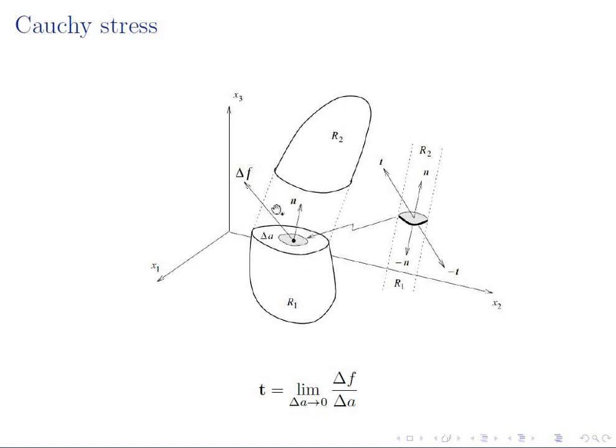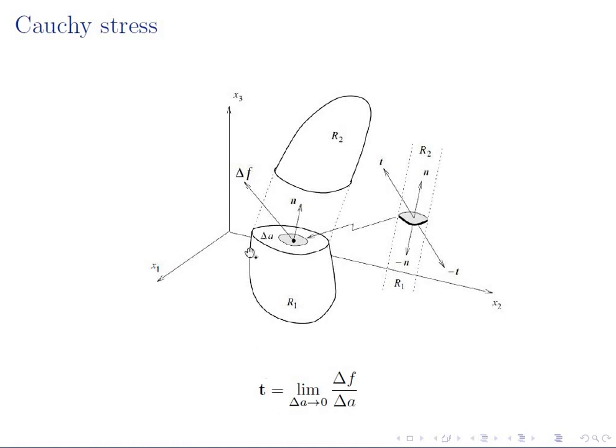Let's say the resultant of forces on this particular plane on a differential element delta A is delta F. Then in the limit that this differential area tends to 0, we get a stress vector, or we also call it the traction vector. So the traction vector is a kind of stress vector acting on a particular plane.